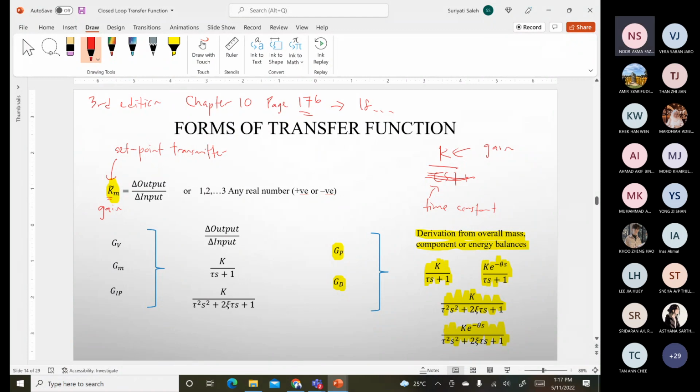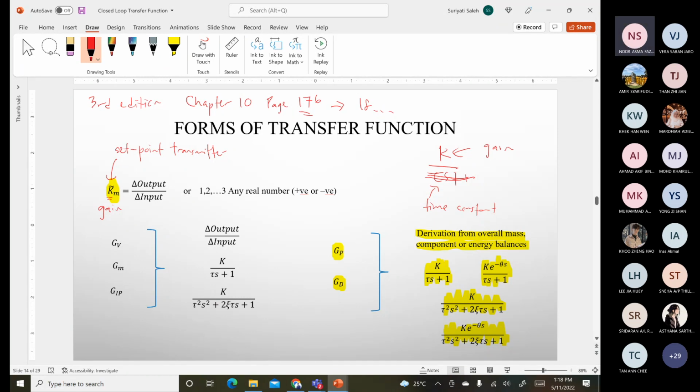Here the gain can be calculated from the given formula, delta output over delta input. Or sometimes we give you the number. The gain for the set point transmitter is 1. Or sometimes we give a set point transmitter value other than 1, like 2, 3, any real number.